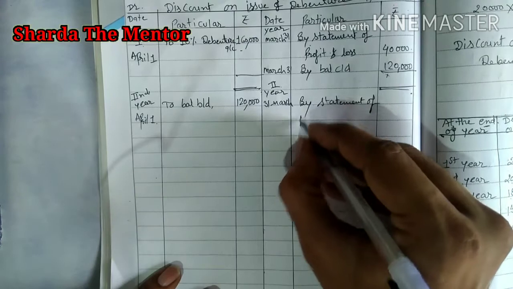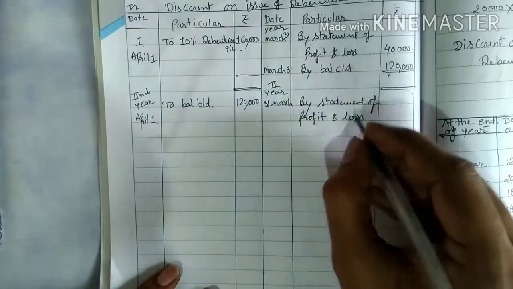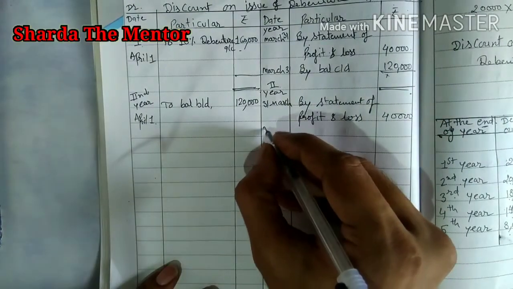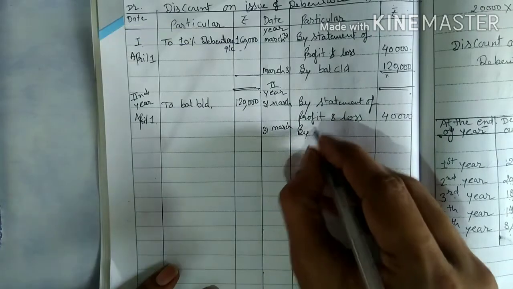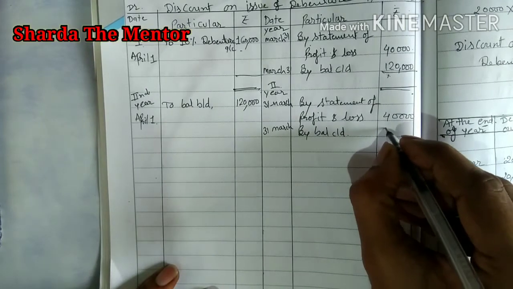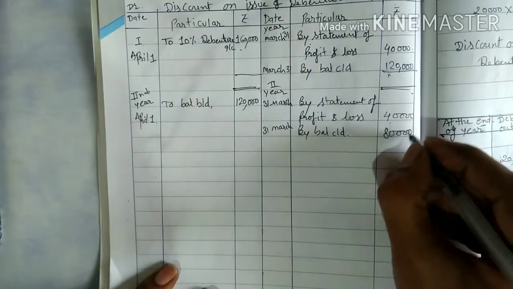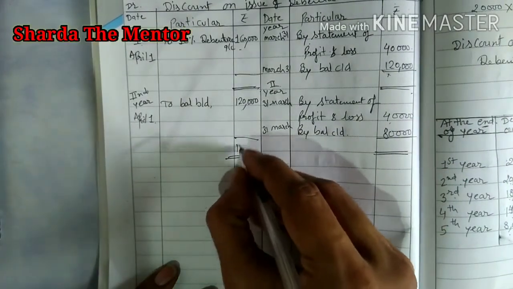By statement of profit and loss, the amount that we have to write off remains the same, that is 40,000. So at the end of the second year, 31st March, the balance will be 1,20,000 minus 40,000, so the amount remaining will be 80,000. That will be the balance for the next year.